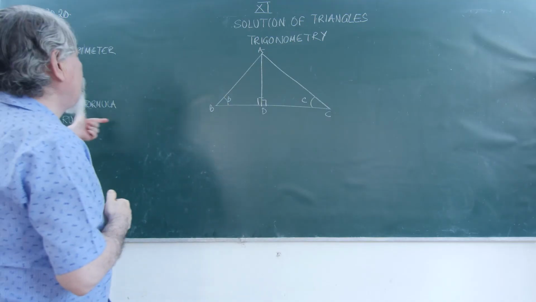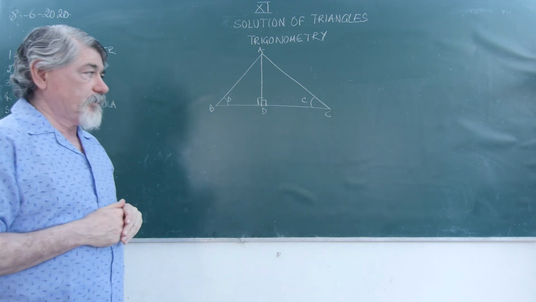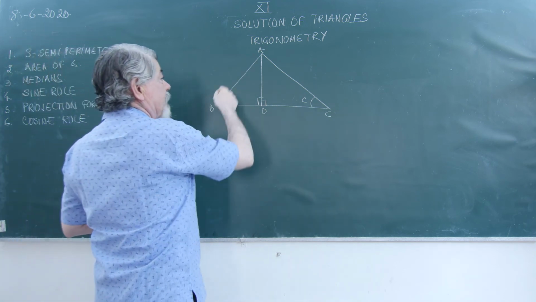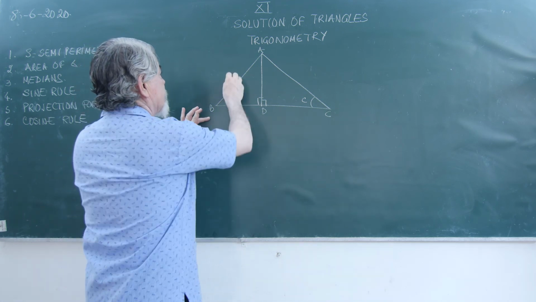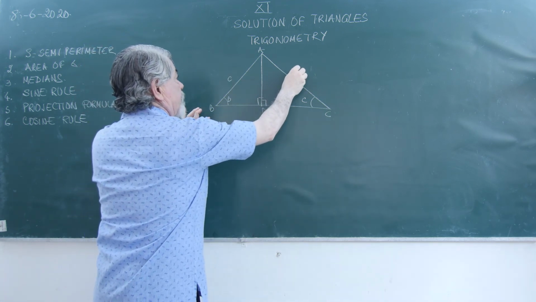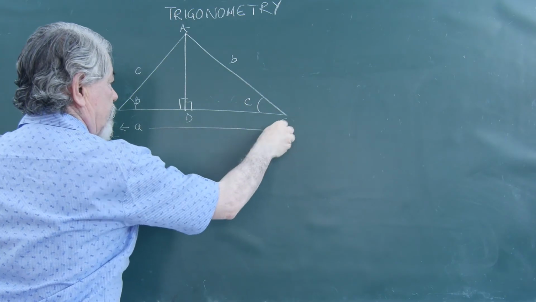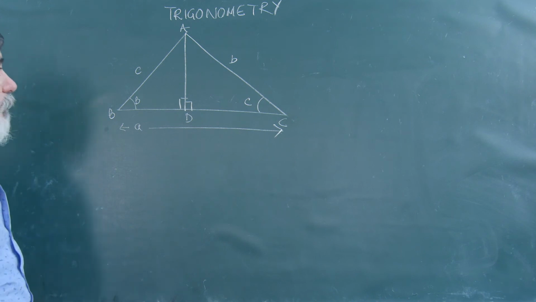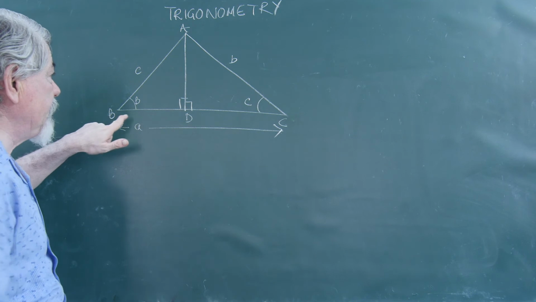Okay, the next formula after the sine rule I am going to talk about is the projection formula. This is a triangle ABC, any triangle, with this side c, this side b, and this side a. Now I will calculate this BD, and also DC, in terms of b.